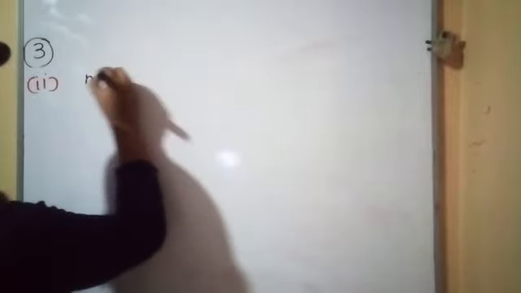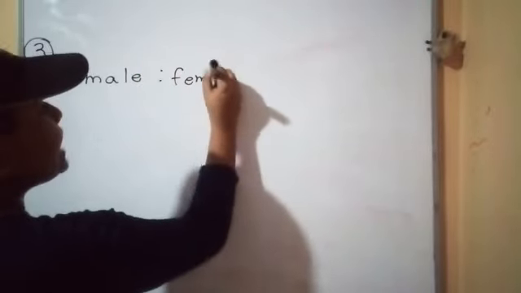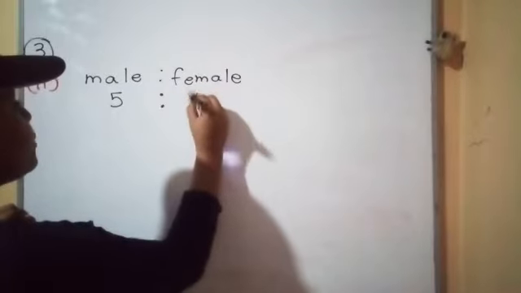If the monthly salary of a female worker is 24,000 rupees, find the monthly salary of a male worker. Now male and female, that comes the salary. Males 5 to females 4.